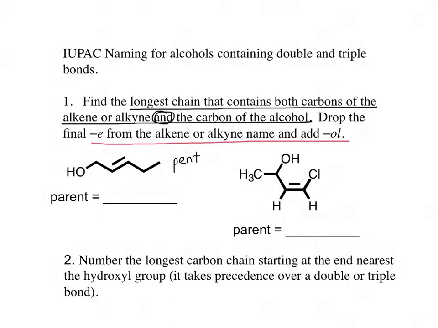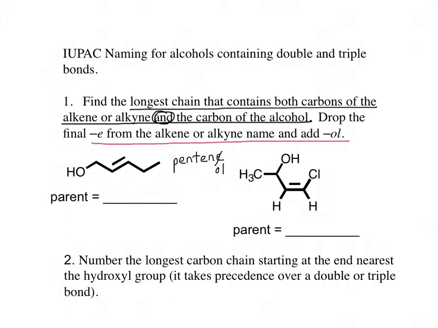But it's an alkene, so it's actually going to be a pentene parent, because that alkene is within that chain. And according to the rules, I'll be dropping the E and adding an OL.